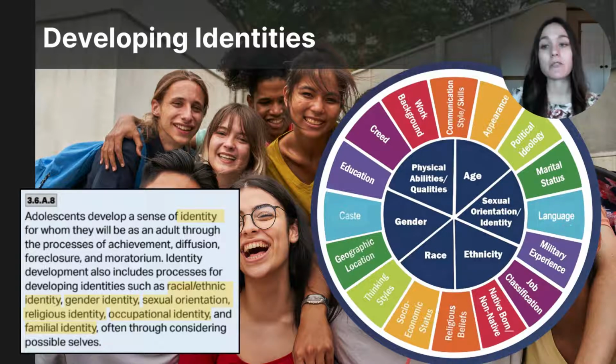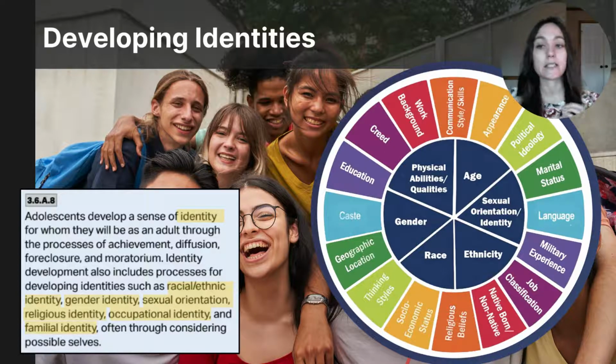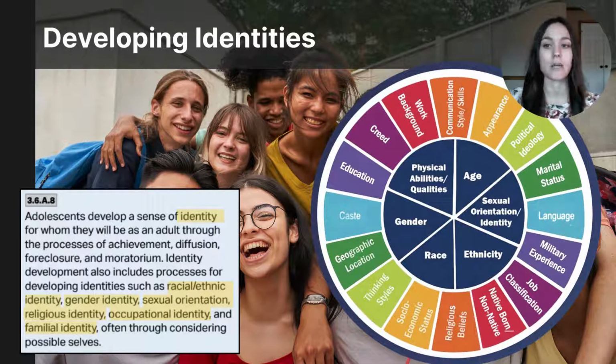It's also common for individuals in adolescent years to lean into or to question the gender roles that society has given them. They may confirm and want to express what they already believe about gender identity, or they might question it. Adolescents are also becoming more aware of their emotional and sexual interests and learning about their own attractions.